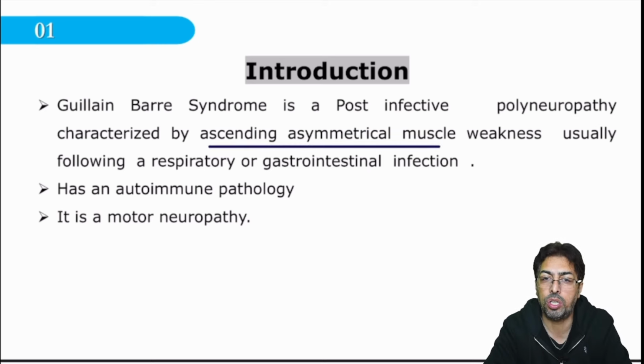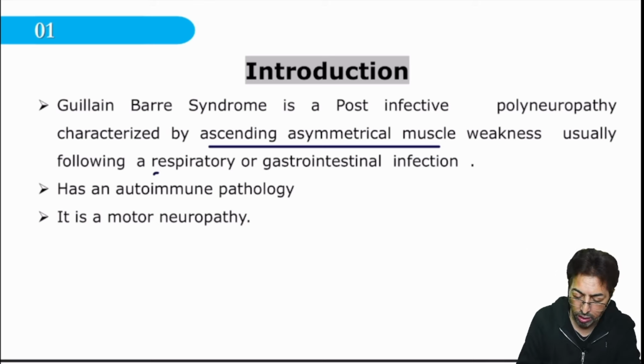That is important. So the type of muscle weakness which you have is the ascending type, and we differentiate it from various other clinical scenarios which cause a descending type of weakness. So that's important. The trigger is GI and respiratory infection, and it is more common in males as compared to females. That is an additional point which is frequently asked.